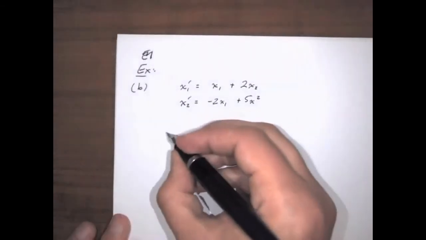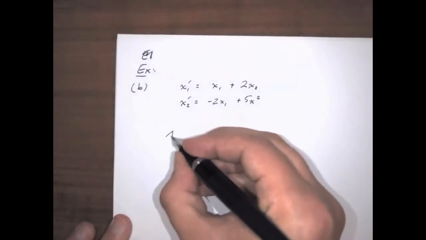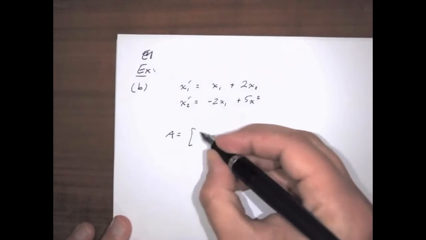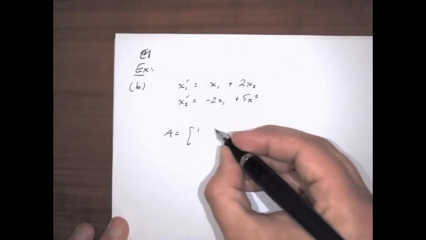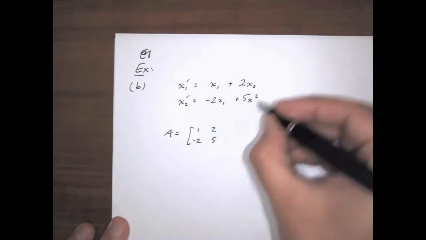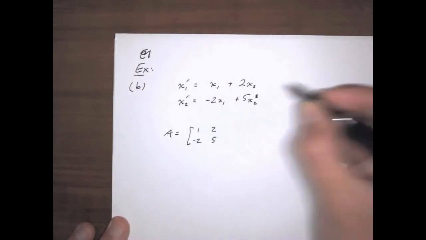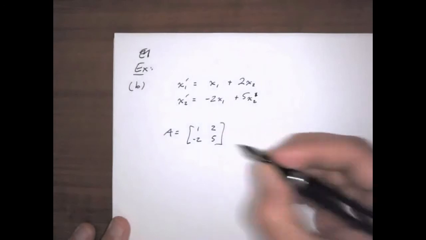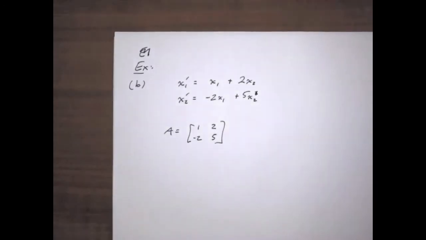I'm sorry, this is x2, not x squared, obviously. If it were squared, then it would not be a linear differential equation, and we'd have to wait until chapter 6 to see what we would do about that.